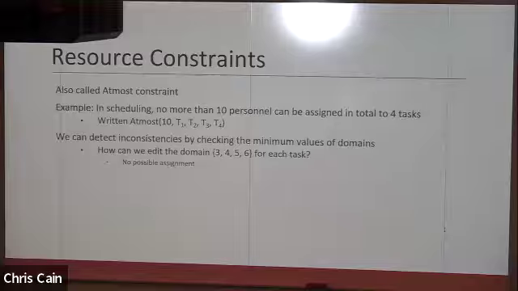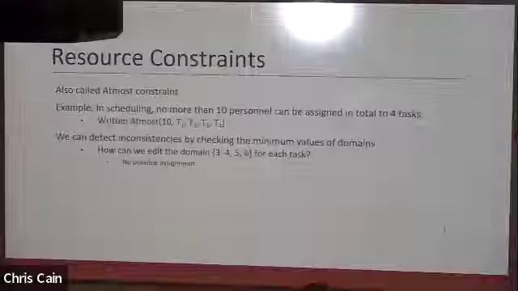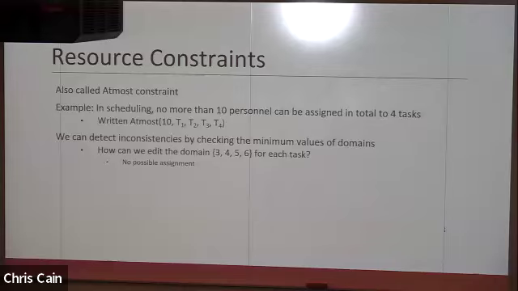So we end up being able to determine something like, if we see a 3, a 4, a 5, or a 6, then the problem is intractable. If the domain for a particular variable ends up being 2, 3, 4, 5, 6, then we can delete 5 and 6 from that domain.